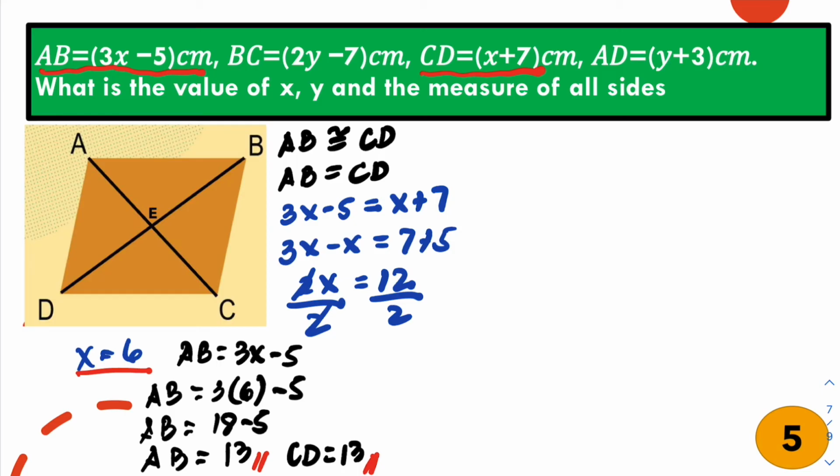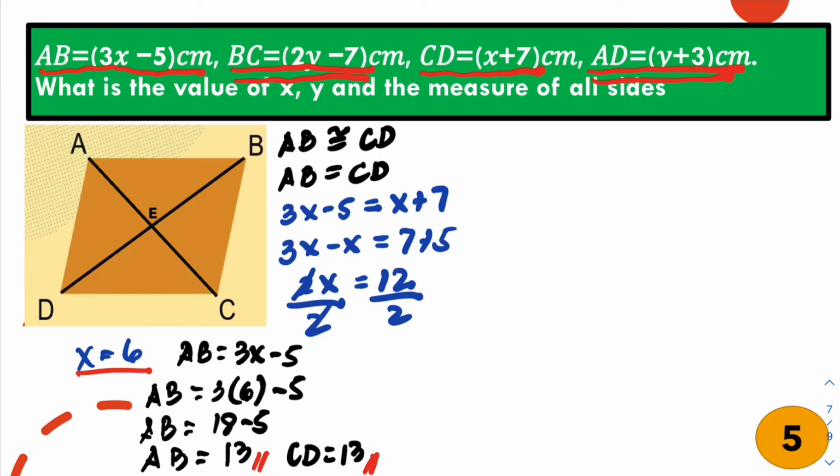We have BC and AD. Again, what is the relationship between AD and BC? Yes, very good. They are opposite sides. Again, opposite sides of parallelogram are congruent.